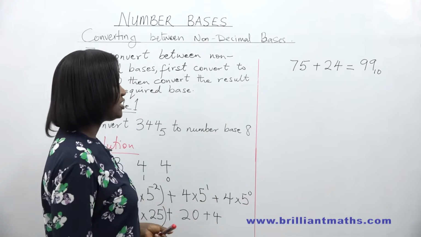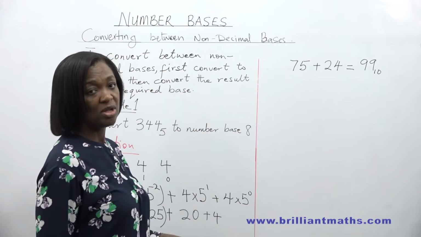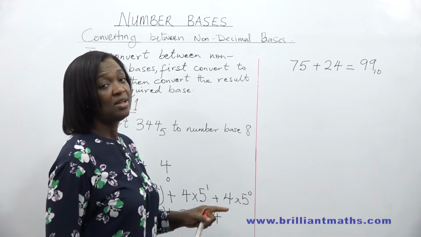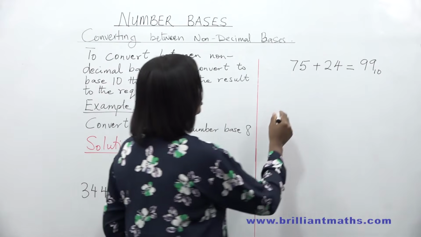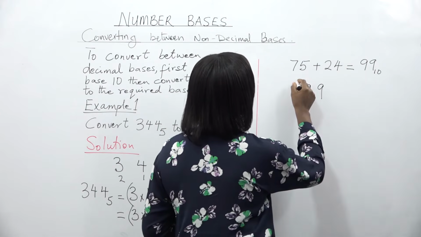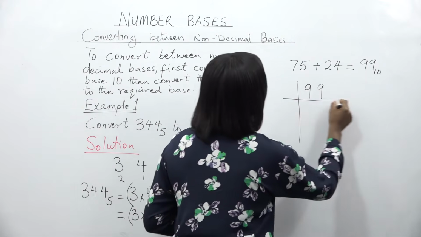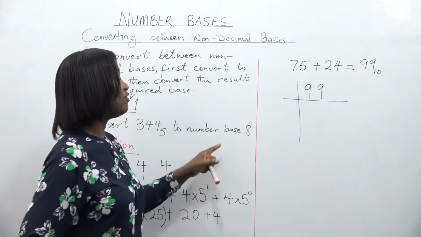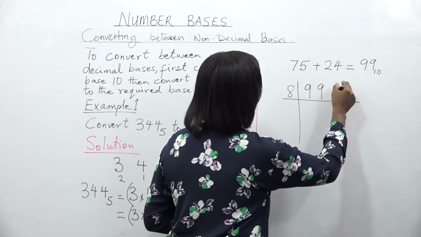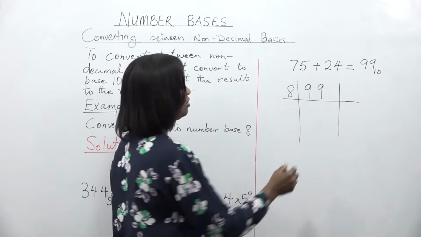So the next is to convert 99 base 10 to base 8. And how do you convert from base 10 to another base? Repeated division, and then you record the remainder. So step 2, 99, we're going to divide by the base we are converting to. We're converting to base 8. And then we're recording the remainder.